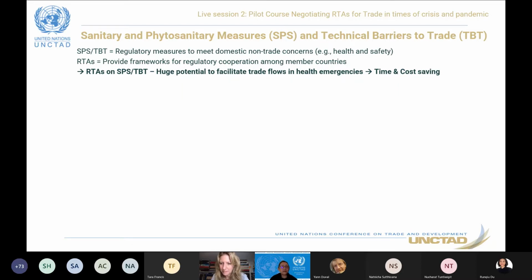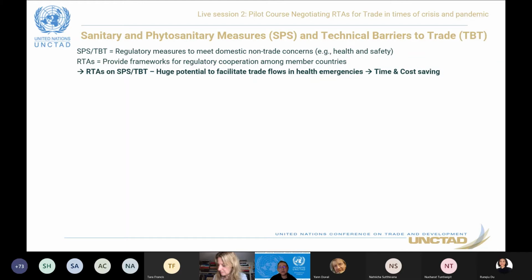The important point is that RTAs are really useful in providing the frameworks for such regulatory cooperation. That's why we think SPS and TBT provisions in RTAs can have huge potential for facilitating trade flows in health emergencies such as this.